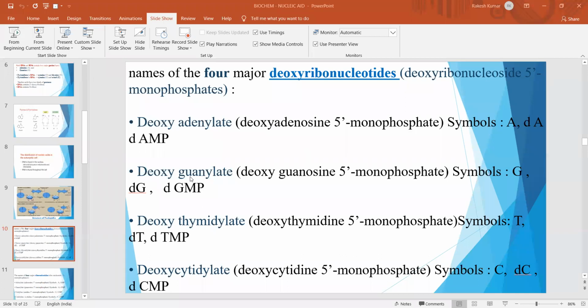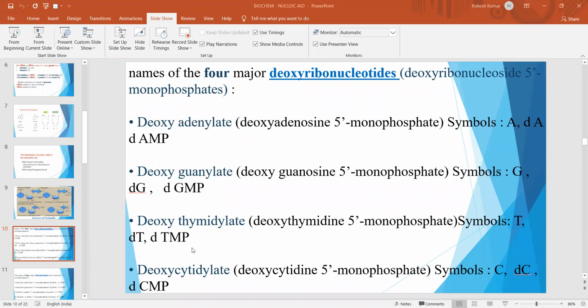Similarly, deoxyguanylate is also known as deoxyguanosine 5' monophosphate, and it is designated as capital G, small d G, or small d GMP. Deoxythymidylate is also known as deoxythymidine 5' monophosphate, and it is depicted as capital T, small d T, and small d TMP.